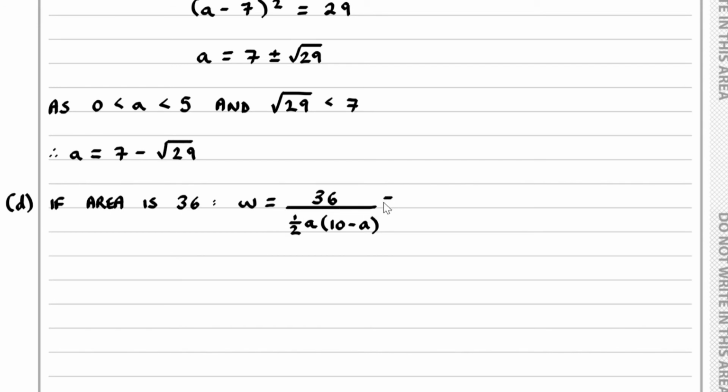And if I multiply top and bottom by 2, we end up with 72 over a multiplied by 10 minus a.